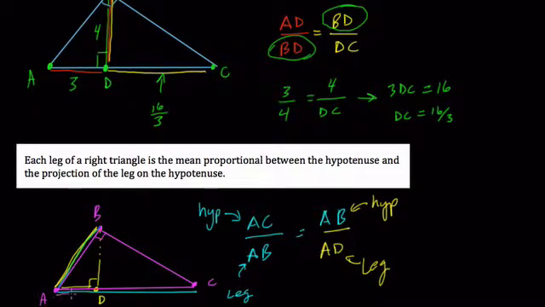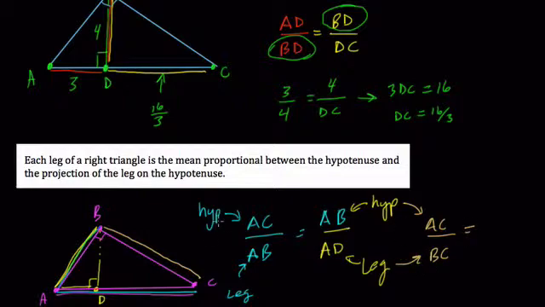Let's say we have AC to the other leg, here, BC. So here we could write AC, a hypotenuse, over BC, another leg. What would that be the same as? Well, BC is the hypotenuse for this right triangle over here.